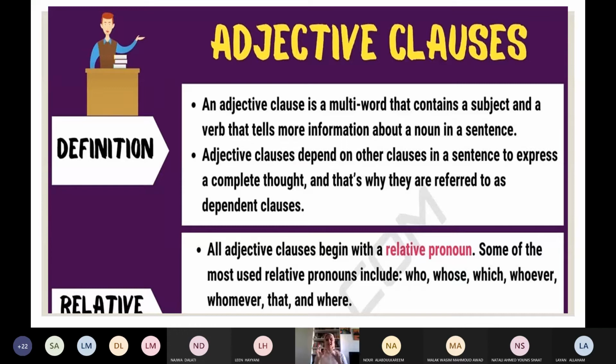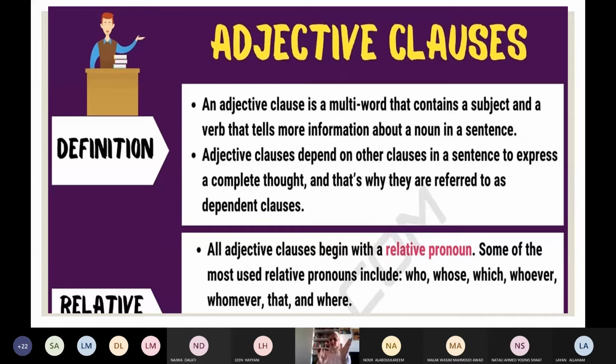But here, adjective clauses, you can figure out of the sentence very easily. Why? Because it always starts with a relative pronoun. Adjective clause always starts with a relative pronoun. What are relative pronouns? Who, whom, whose, which, that. Sometimes whomever and where.